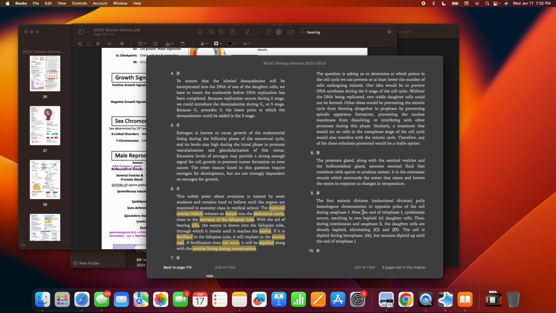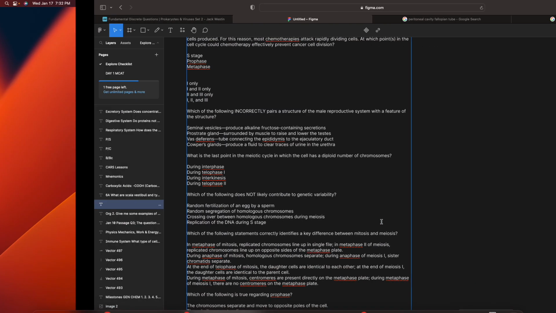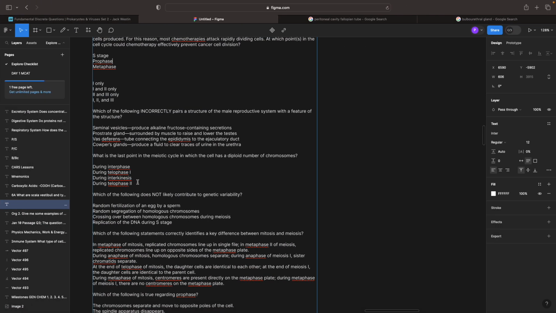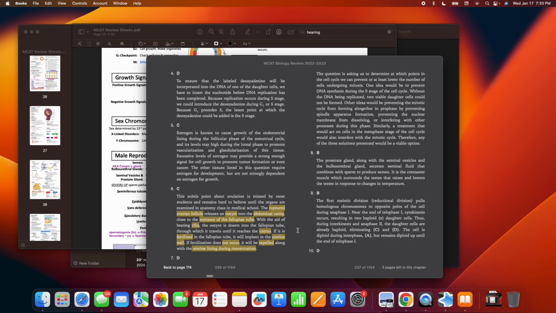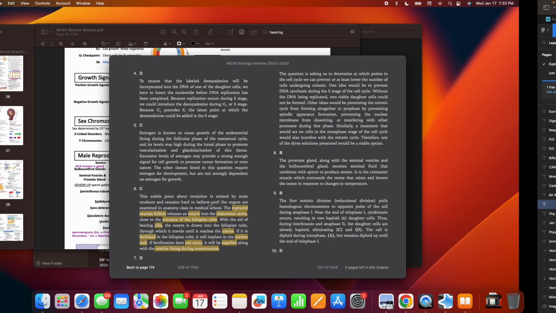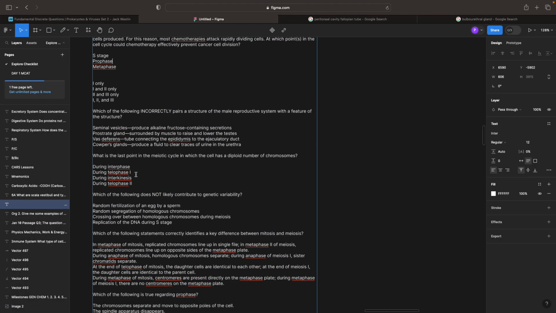Thus, during interkinesis and anaphase 2, the daughter cells are already haploid, eliminating C and D. Interkinesis and telophase 2 as well. The cell is diploid during interphase, but remains diploid up until the end of telophase 1. So 9 is B. Last point, it's telophase 1.